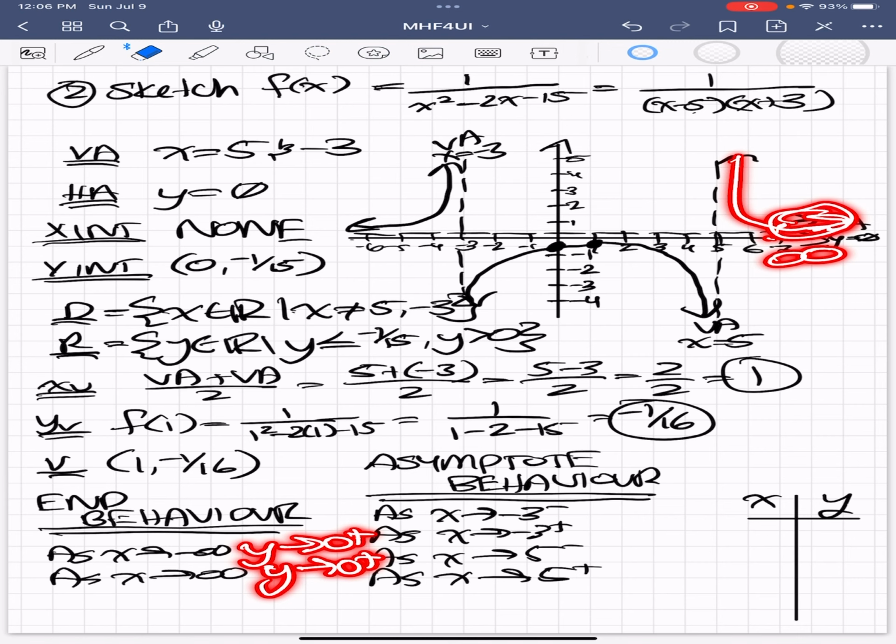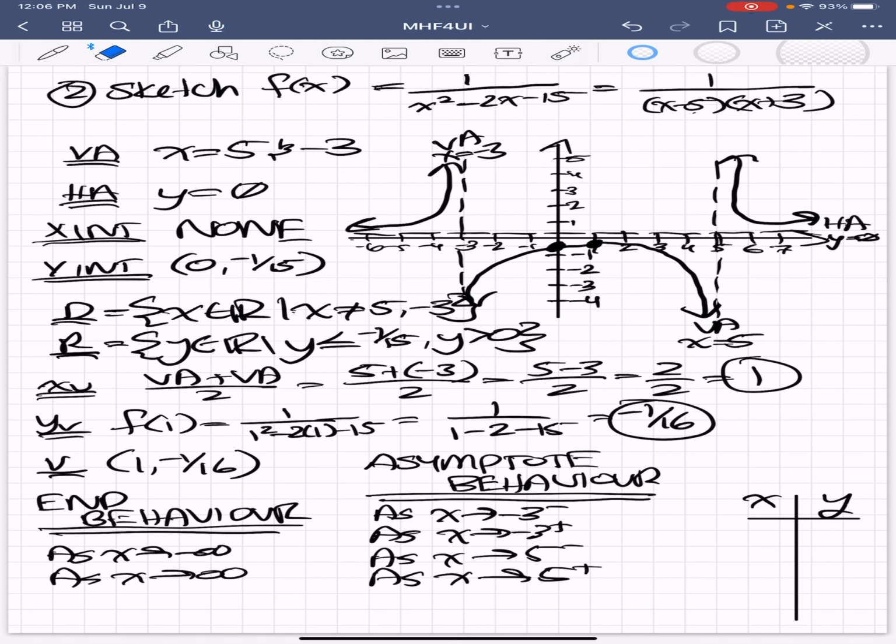So it's going to have a little positive symbol to indicate that. If it was reversed, if it was coming from under, then it would be a negative symbol from the HA or the x-axis, whatever you want to call it.